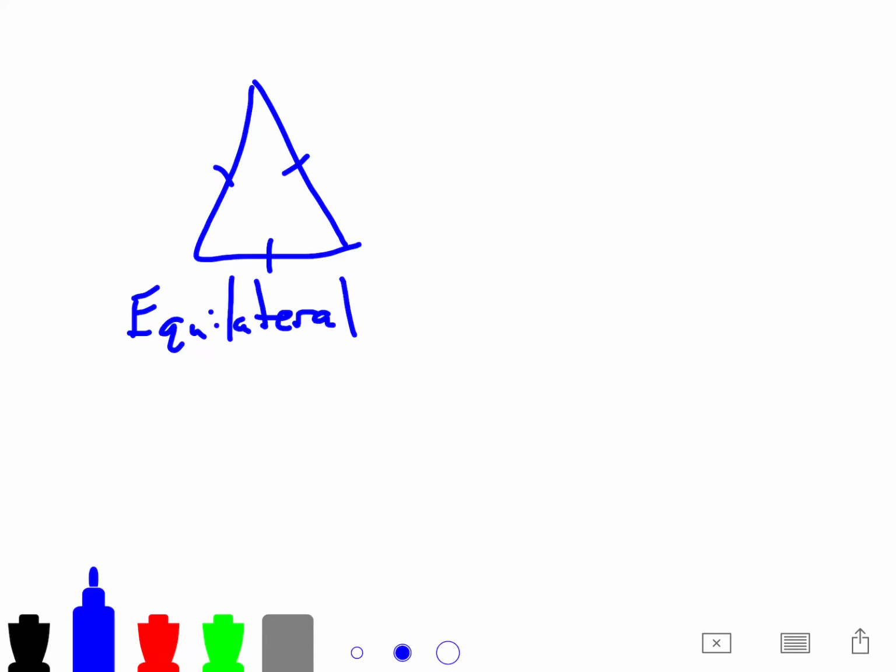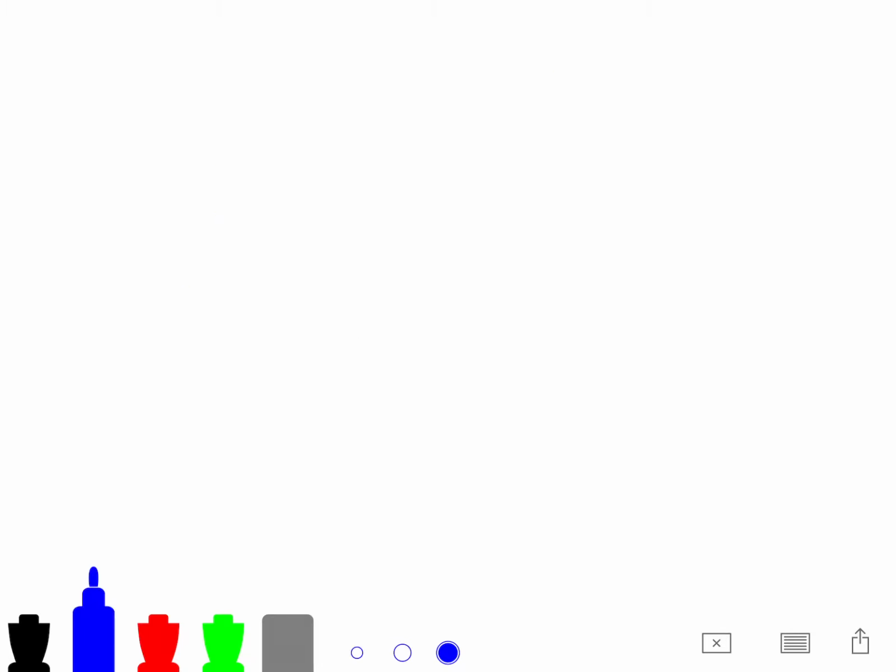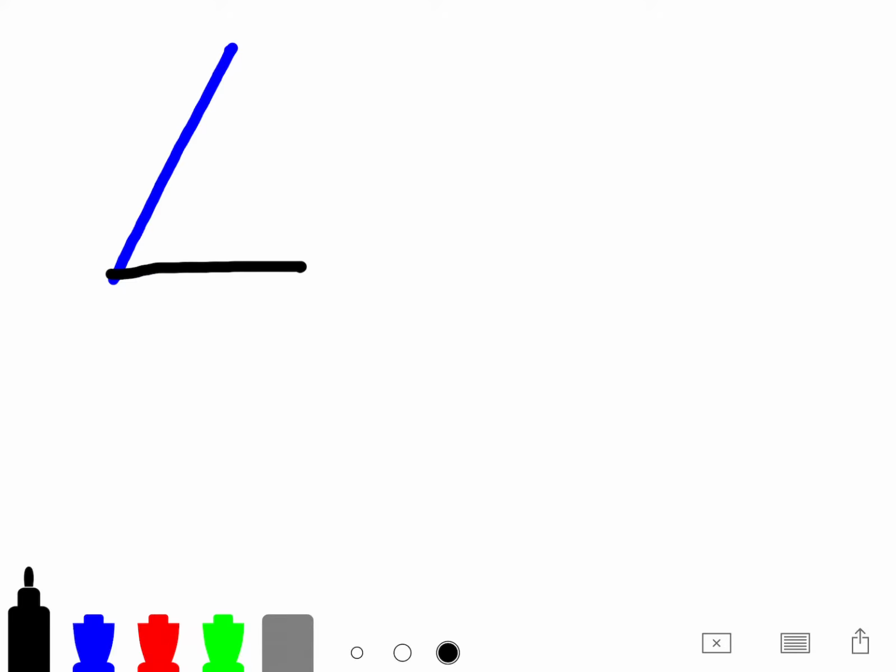Now, if it's not three equal sides, if there's only two equal sides, then we can use, you know what, let's increase the thickness here. Let's see if I can try this again. That's better. Not black, blue. Okay, so if we have an equilateral triangle, that means all three sides are the same.